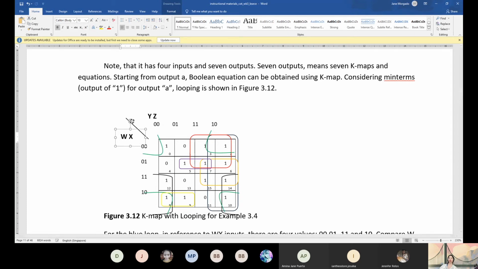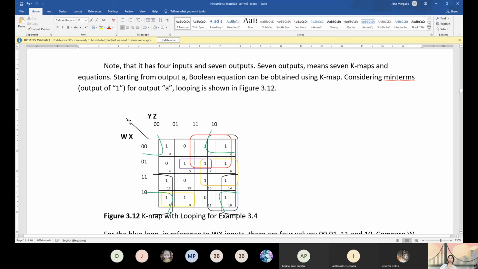7 circuits, 7 outputs, so we need to find the Boolean equation.